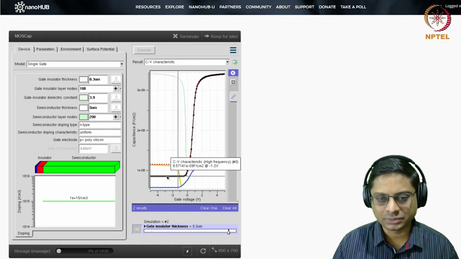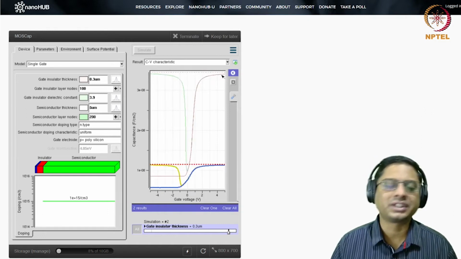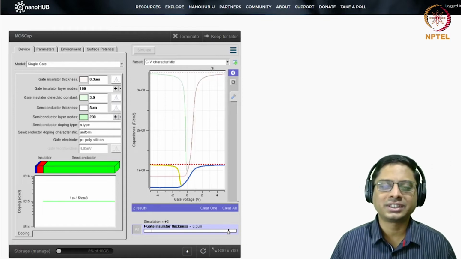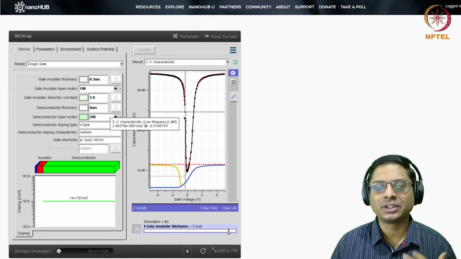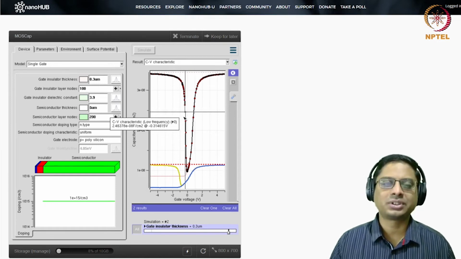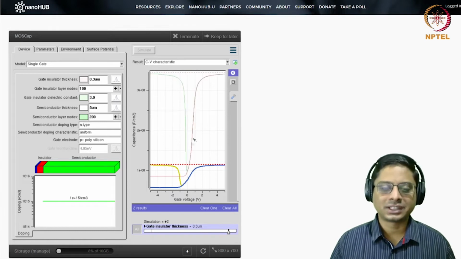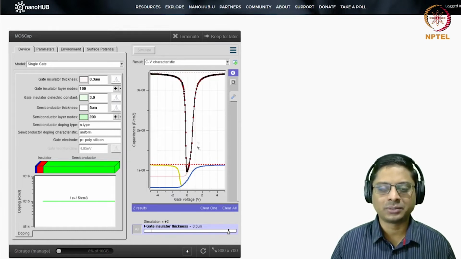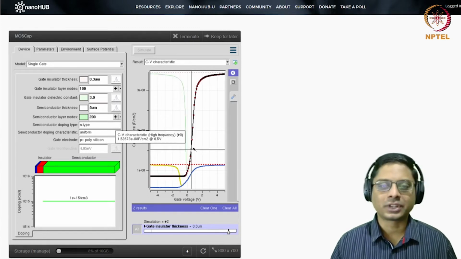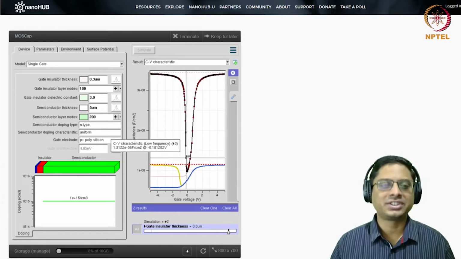If we call this the on state and this the off state, we will introduce this in more detail later on. We'll see that there's a significant change in the capacitance. So we're able to control the inversion charge much more effectively. That's why even the VT is smaller, because we are able to create the inversion charge very easily. Okay, so you can play around with these things and check it out.